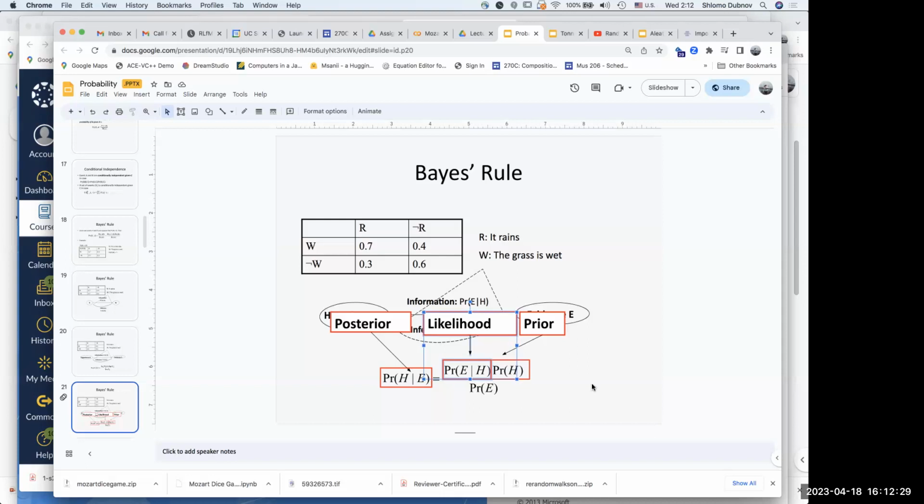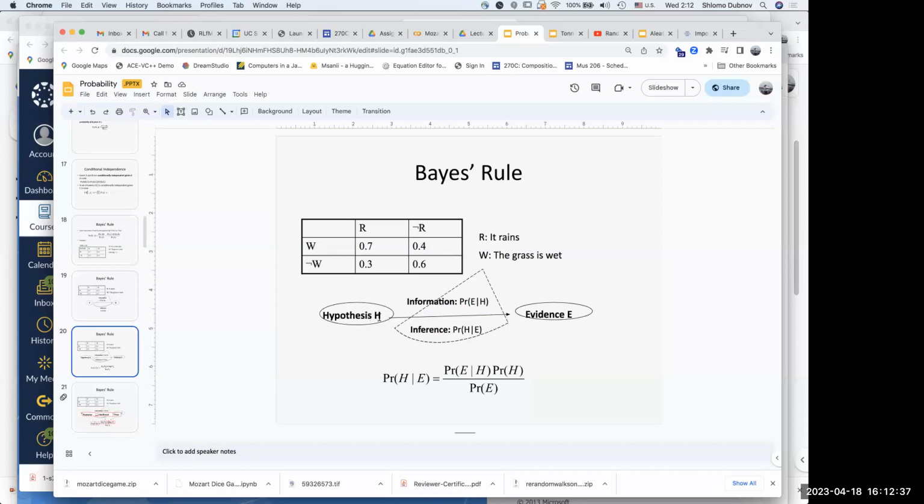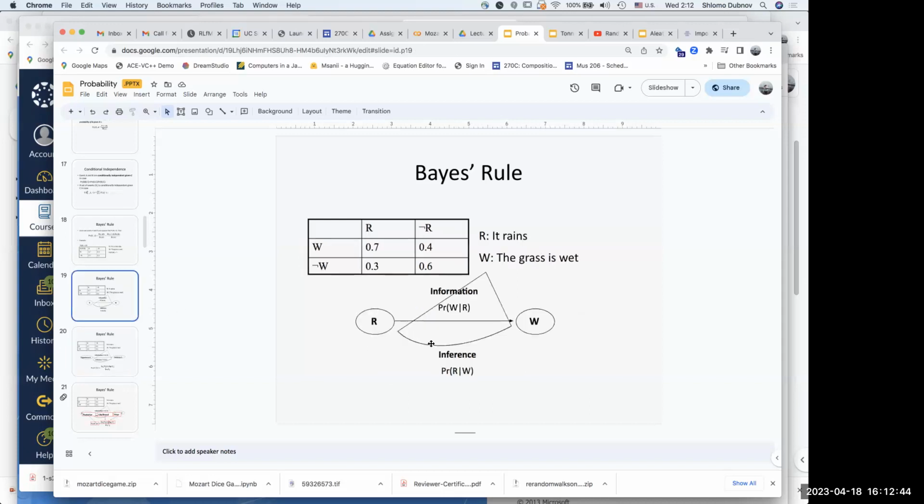And there's that aspect of hypothesis and evidence. This is terminology that I would like to introduce, because here we said that you have something that causes something, and then you can infer it back.